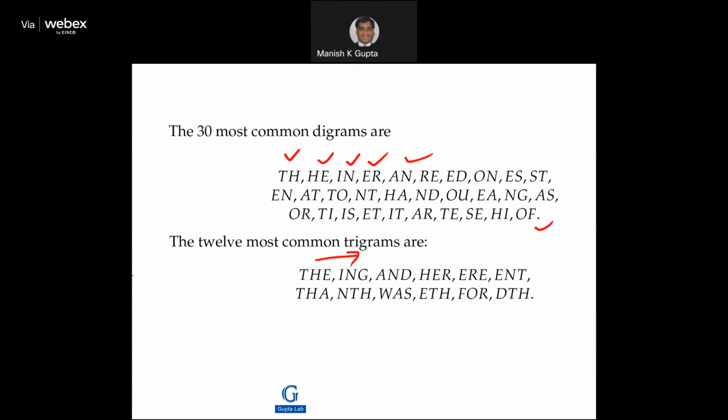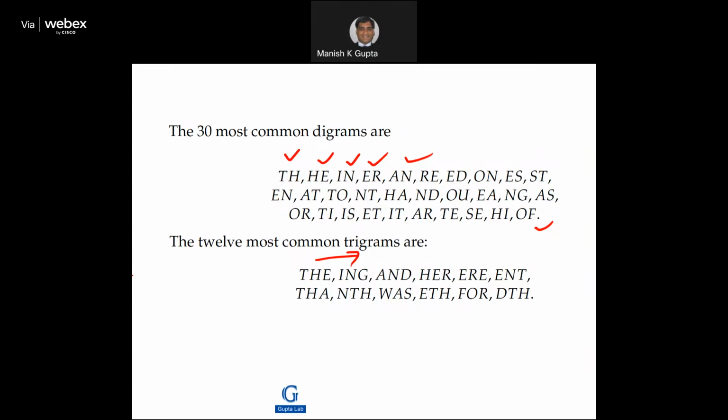And we are also going to use this fact. So the 30 most common digrams are TH, HE, IN, ER. Digrams means 2 letters, and trigrams means 3 letters, right? Which one occurs most, which one occurs less, and so on. These kinds of analysis we are going to use.